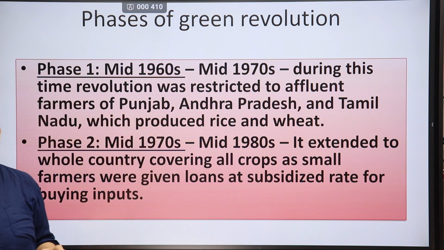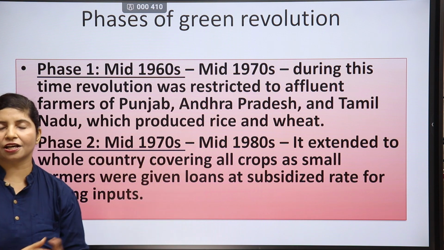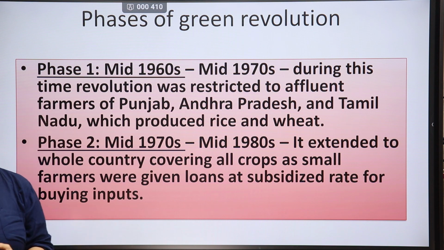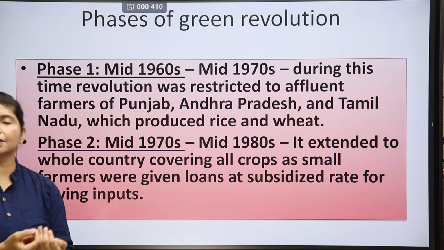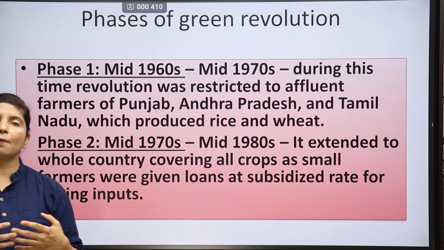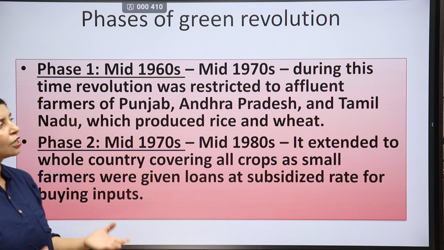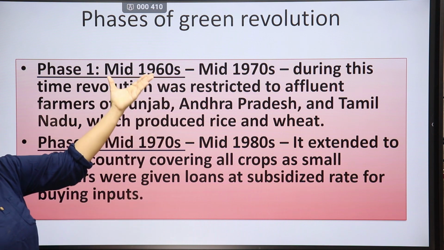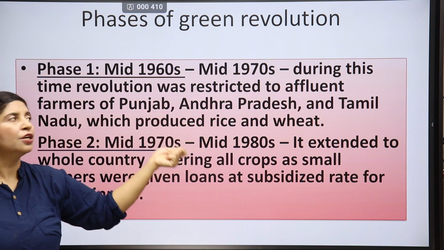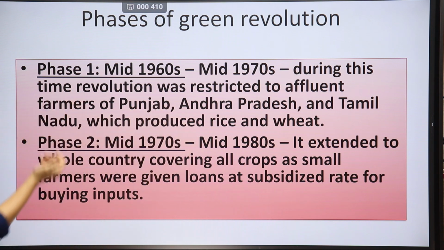Because these affluent farmers had money to invest in modernization, to buy tractors, threshers, tube wells, pumps, etc. But small farmers could not do so because they did not have that amount of money, and the government too was not in a condition to subsidize those commodities or provide economic assistance. So small farmers were left out of this first phase, and only big, rich farmers could avail these facilities or technology.